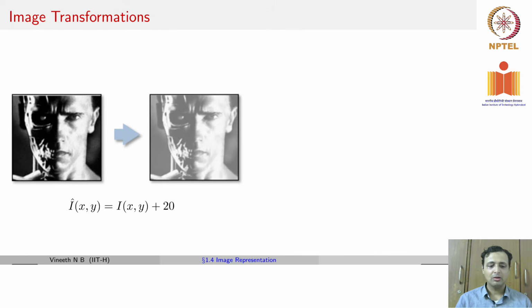In case you have not, if your input image was I and your output image was I hat, you can say that I hat is I of xy plus 20. 20 is just a number. If you want it to be lighter, you would say plus 30 or plus 40. Again, here we are assuming that the values lie between 0 and 255.